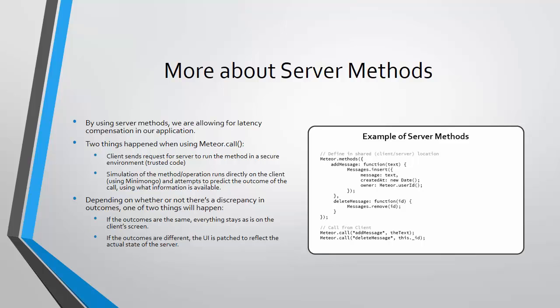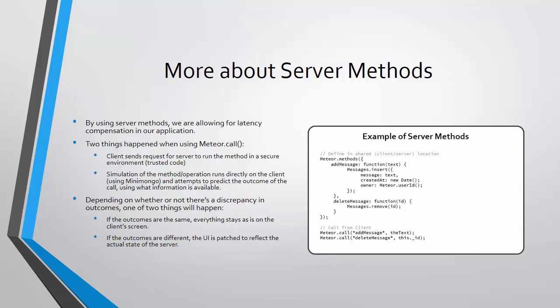The use of server methods also provides latency compensation. Whenever you call a Meteor method through the use of Meteor.call, you're going to do two things. The client is going to request the server run the method in a secure environment, which is what the server considers trusted code.